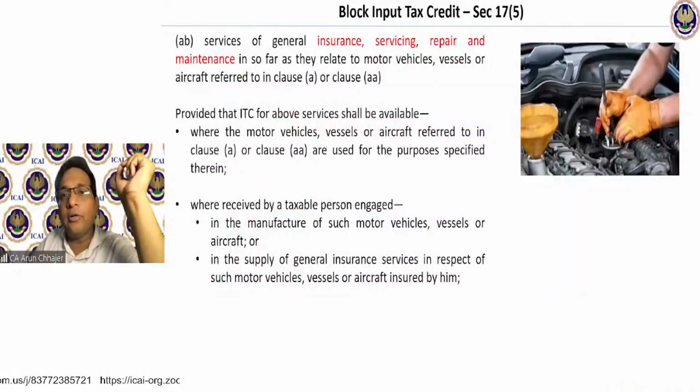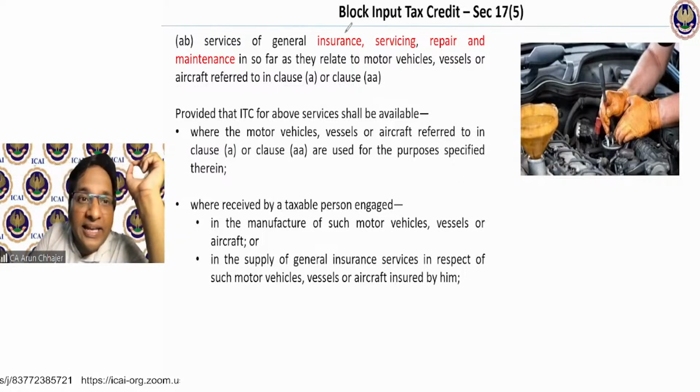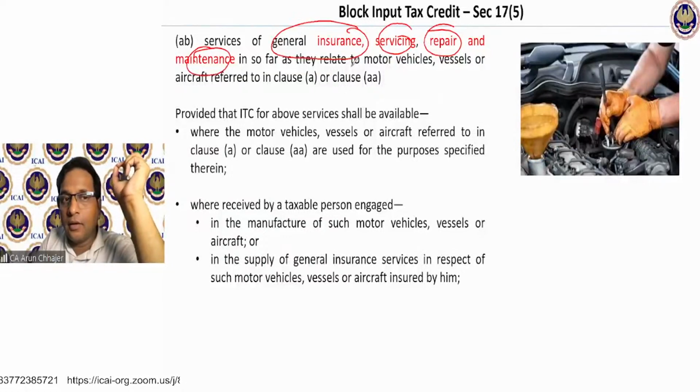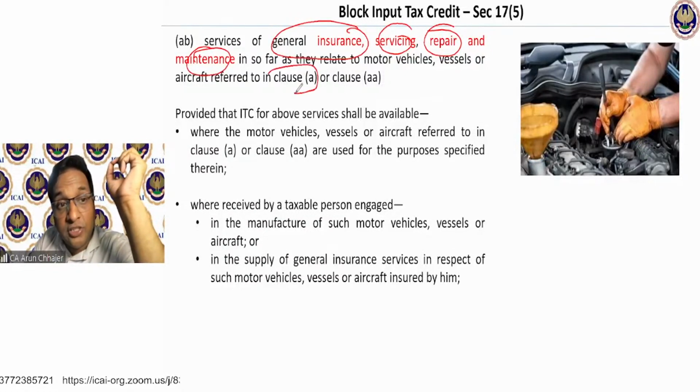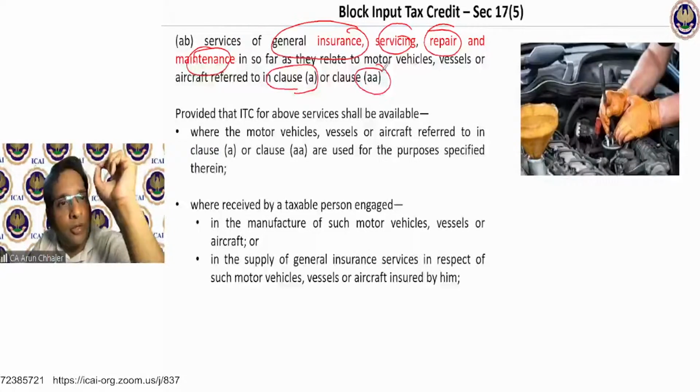Then they are talking about whatever motor vehicle you have purchased, if you are carrying out any general insurance, servicing, repair, and maintenance, which motor vehicle, clause A and clause AA. It means clause A and clause AA motor vehicle is blocked.